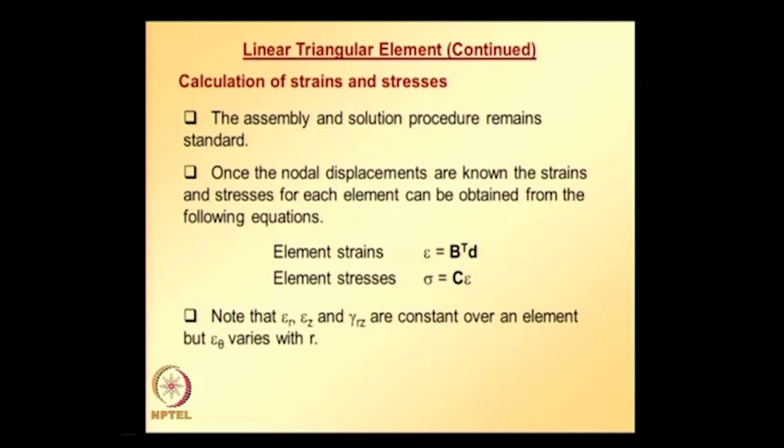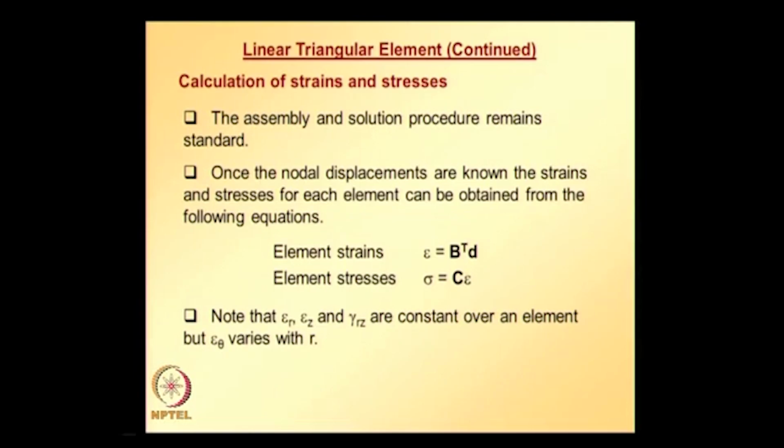And note that epsilon r, epsilon z, gamma rz are constant over the element, but epsilon theta varies with r. This is what I discussed when we were looking at the B matrix, the strain displacement matrix, for axisymmetric problems.